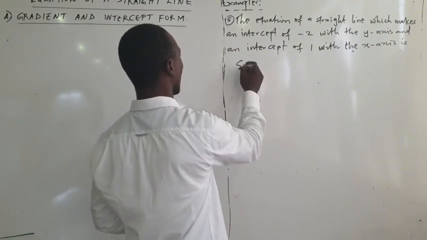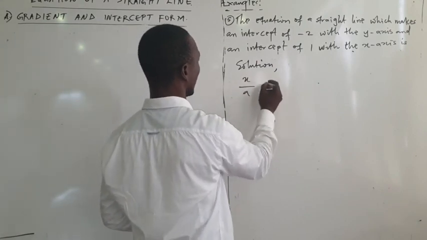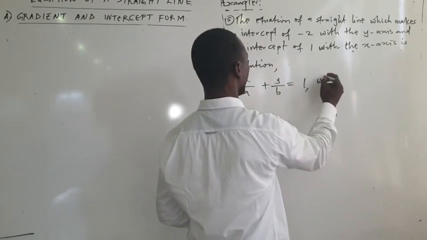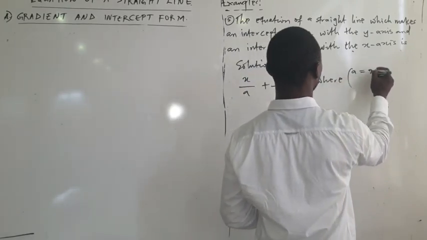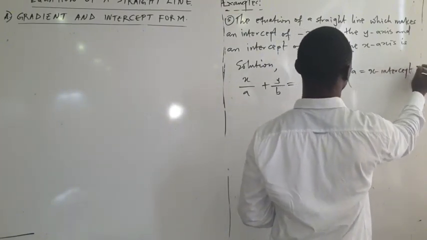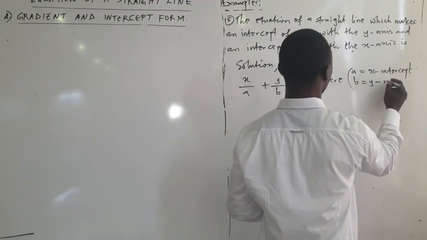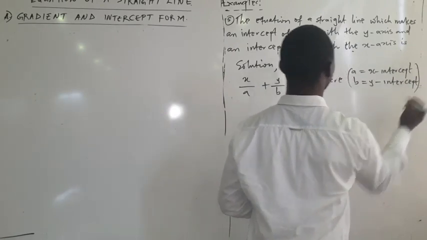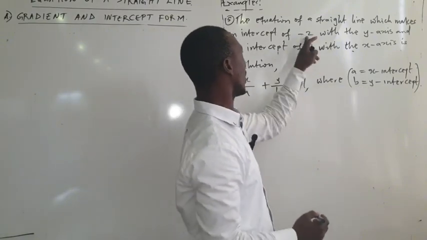So we are going to apply this formula that says x over a plus y over b equals 1, where a is the x-intercept and b is the y-intercept. The x-intercept is given as 1, and the y-intercept is given as minus 2.